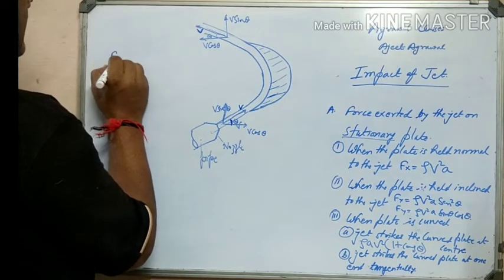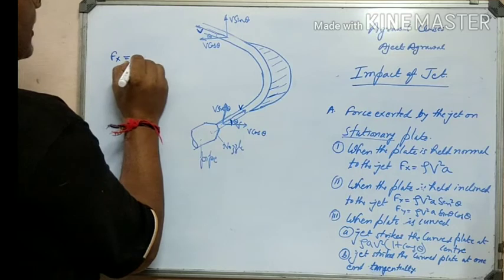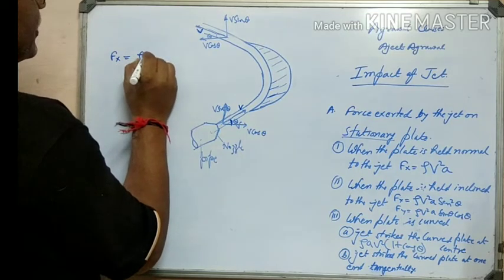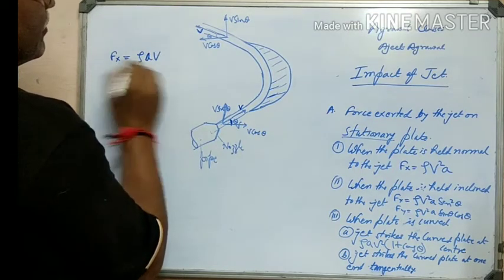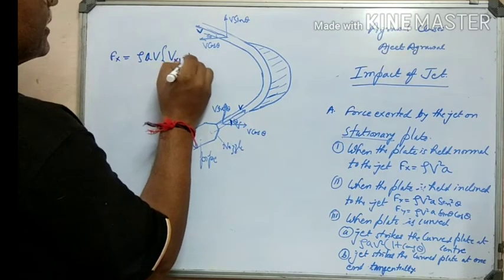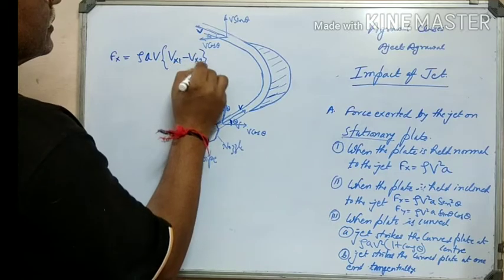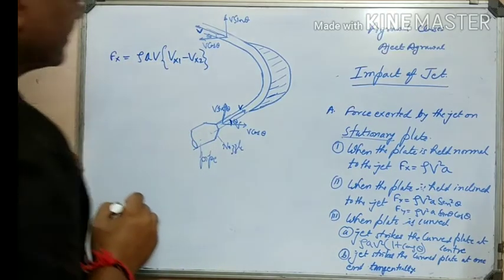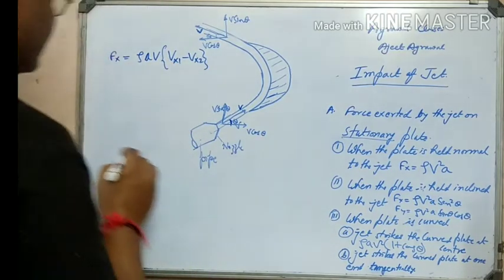So Fx, as we are writing, is mass flow rate rho A V multiplied by (Vx1 minus Vx2), the initial velocity in the x direction minus the final velocity in the x direction.